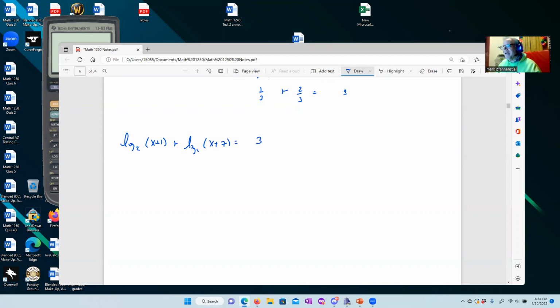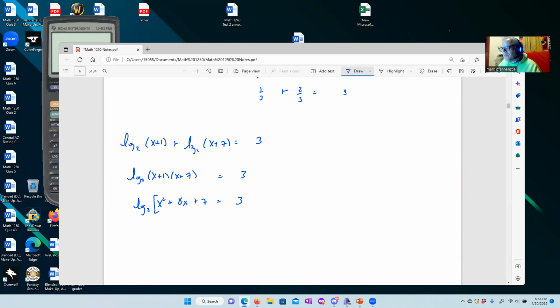So what do you have to do here? Well, we're going to pull these together. We have log base 2 of x plus 1 times x plus 7 is equal to 3. So we have log base 2 of x squared, 1 and 7 would make 8, plus 8x, 7x plus 1x, plus 7 is equal to 3.